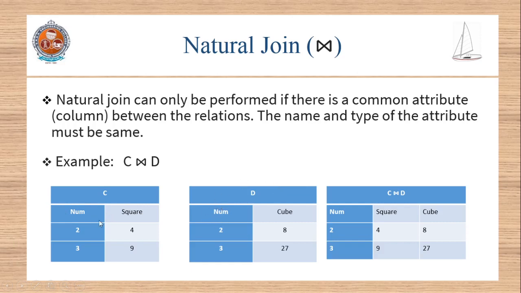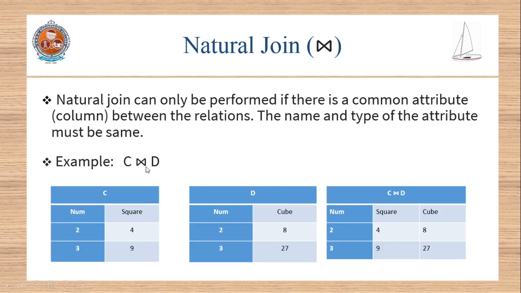This table C is going to maintain the values which are the squares of the corresponding numbers in the first column. And relation D is going to maintain the cubes of its corresponding number. 2 cube is 8, 3 cube is 27. 2 square is 4 and 3 square is 9. So these are the values which we are storing in these two relations C and D.